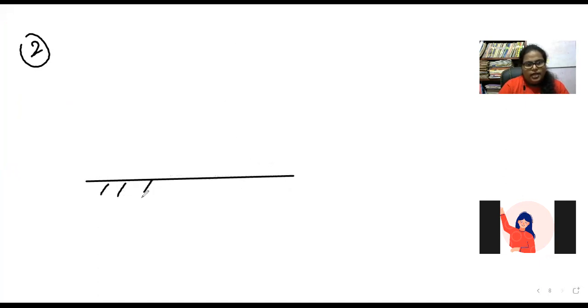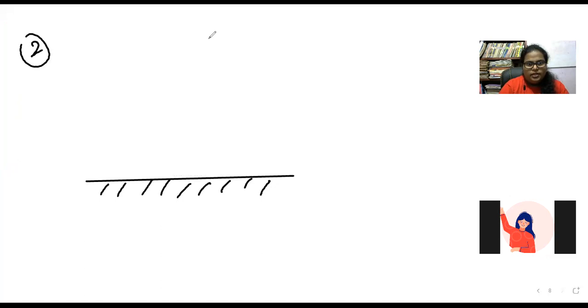Right, here we are discussing the second question now. In the question, it is given that, oops, this is the ground, and there are two buildings on this ground, right?